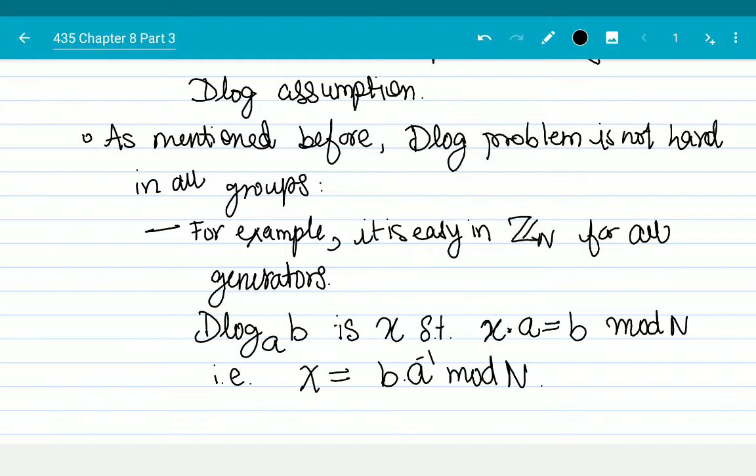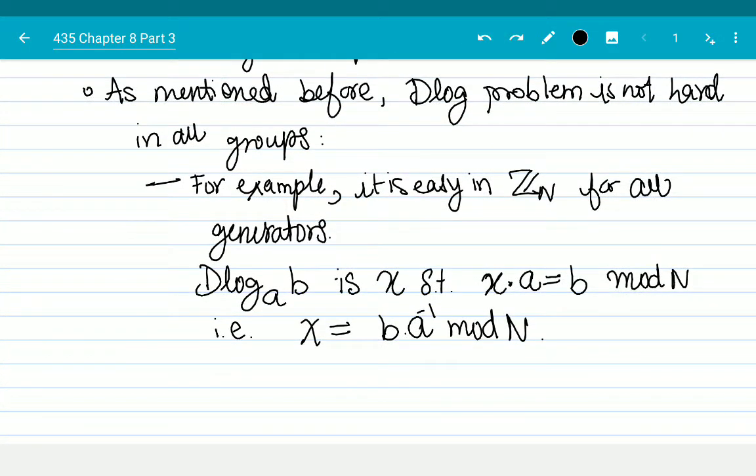Which is not hard. Computing A inverse is not hard given n, and so this is a really easy problem for any generator, not just one. Okay.